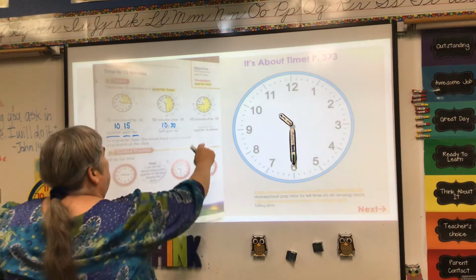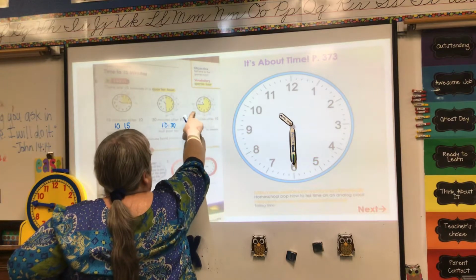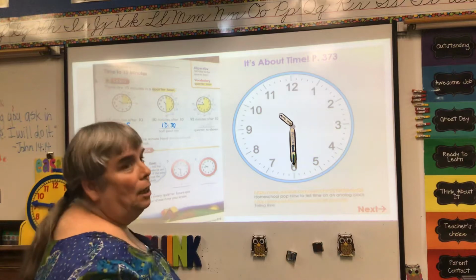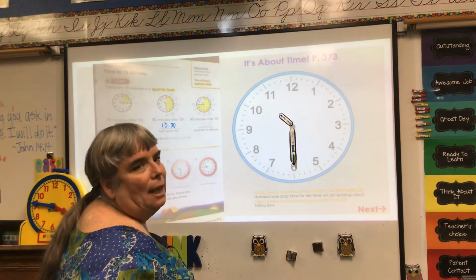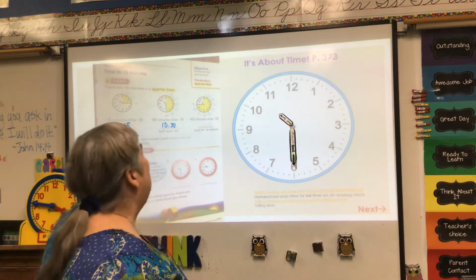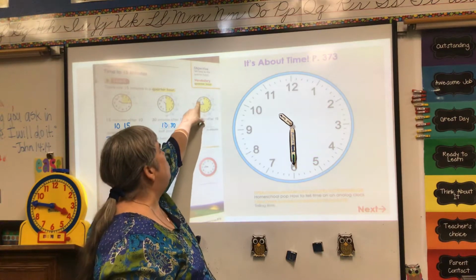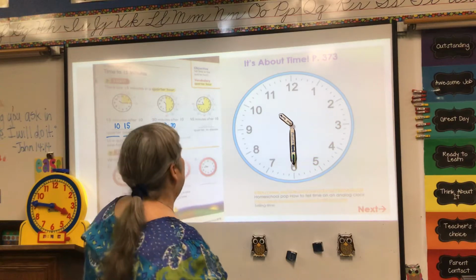The last one, we will have been 1/4, 2/4, 3/4, right? And so rather than saying 3/4 after 10, what we say is 1/4 till or 1/4 to 11. Because what we're saying is there's just one more quarter section until it's going to be 11 o'clock.